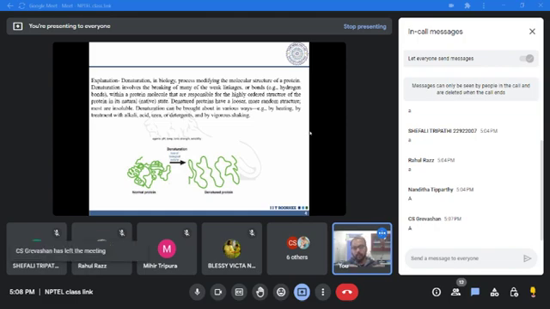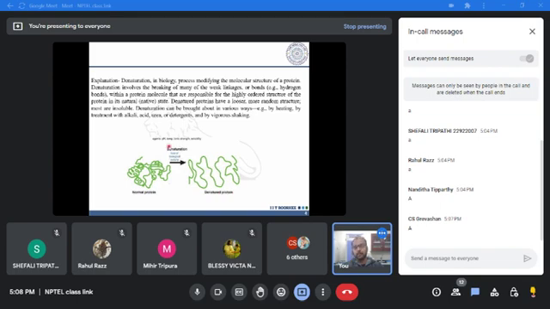When denaturation happens, the coiled protein will be unfolded, like you are seeing on the screen. This is a normal protein, and if it is exposed to high pH, temperature, or ionic strength, it will denature and the structure will be unfolded.